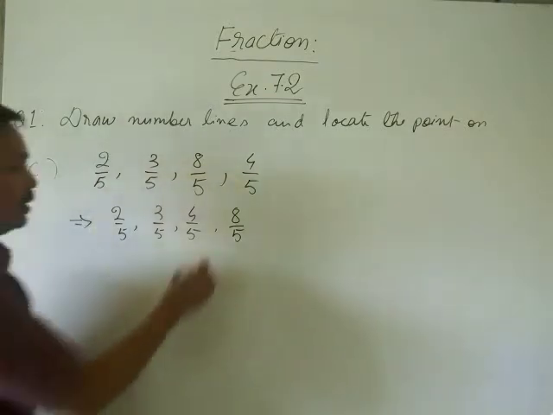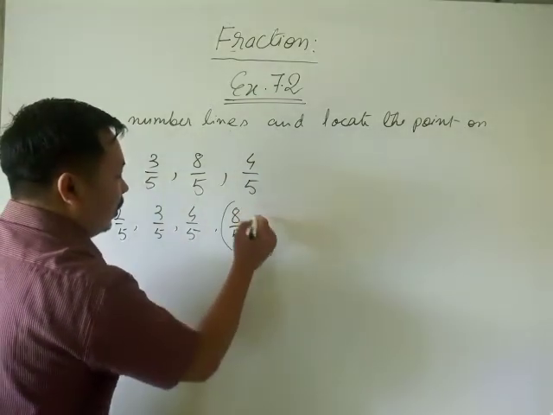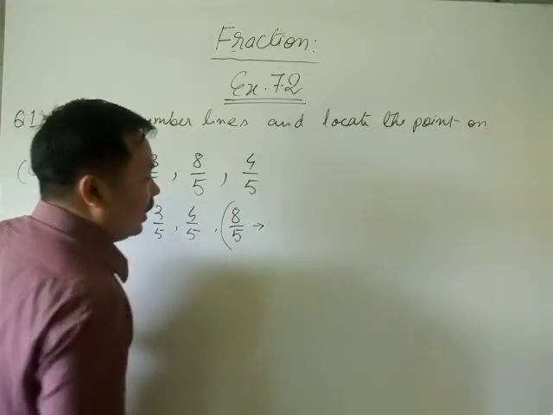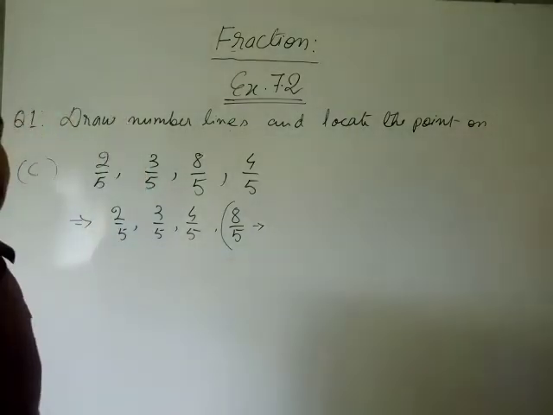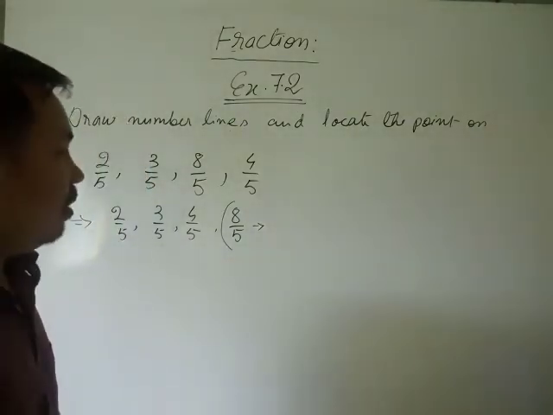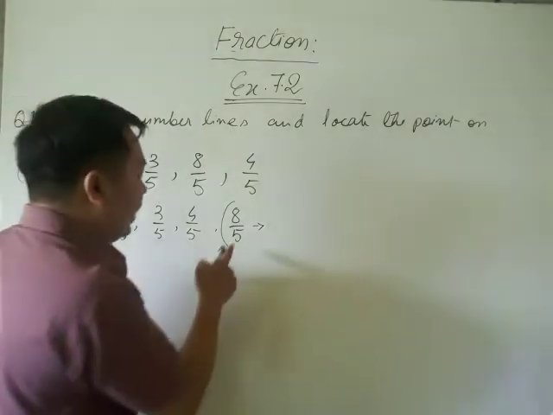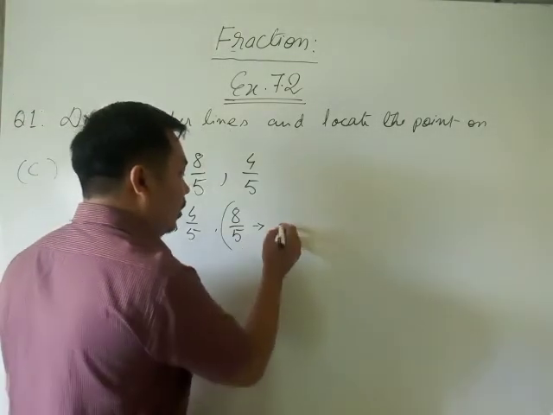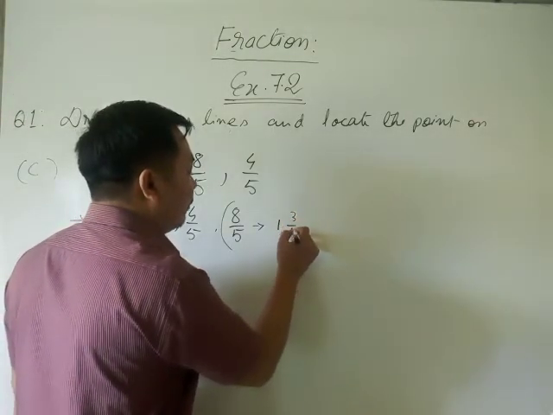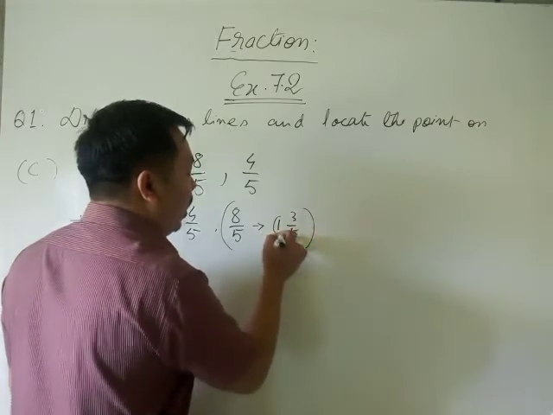Okay, improper fraction. Let us try to understand what the mixed fraction of this improper fraction is. 5 ones are 5, remainder 3 by 5. You can see here 1 3 by 5.